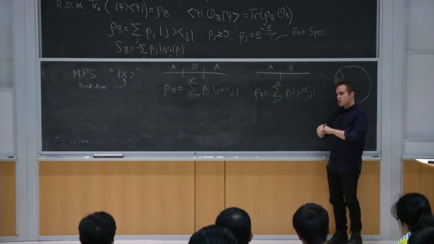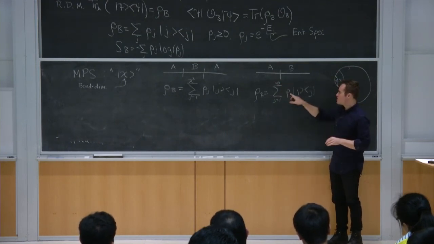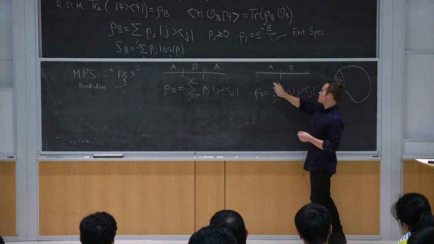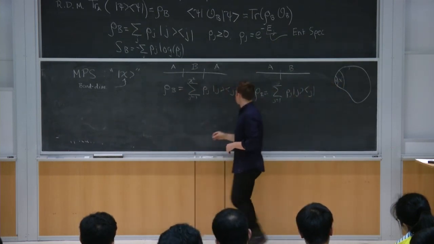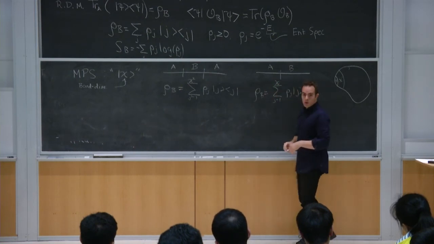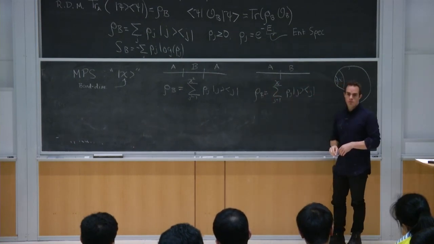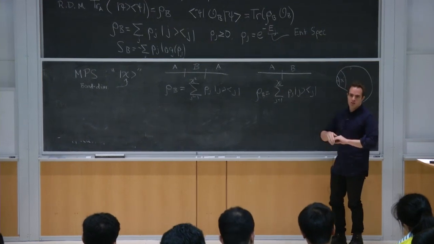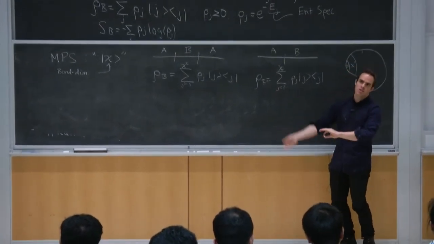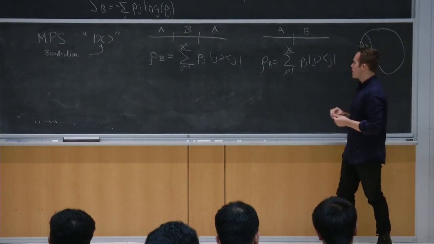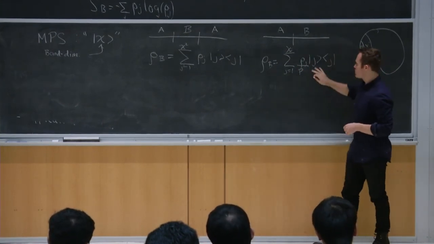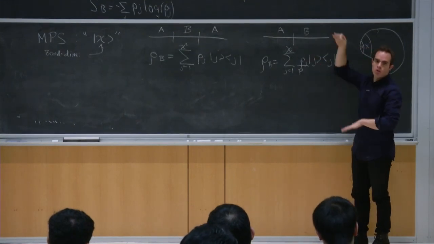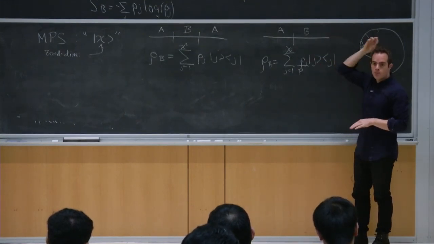So I'm going to start with the exact ground state with these p_j's here, and then just truncate it by throwing away the small ones. That would be one thing you could think DMRG is secretly doing: taking the exact thing, throwing away the small p_j's, and then renormalizing, not shifting the relative weight between the others, but just renormalizing to get unit norm again.